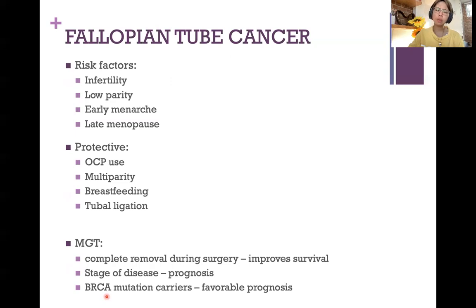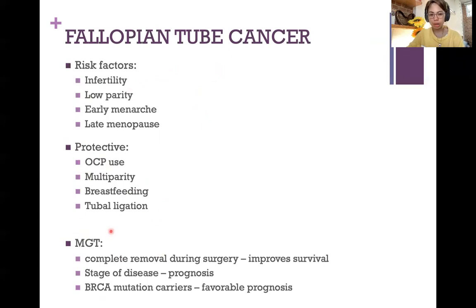Risk factors are similar to ovarian carcinoma: infertility, low parity, early menarche, late menopause, exposure to hormones, of course. Protective is OCP use because there is no injury of ovulation, no rupture of the ovary; multiparity, because the more frequently you get pregnant, the less ovulation occurs; breastfeeding also; and again, tubal ligation.